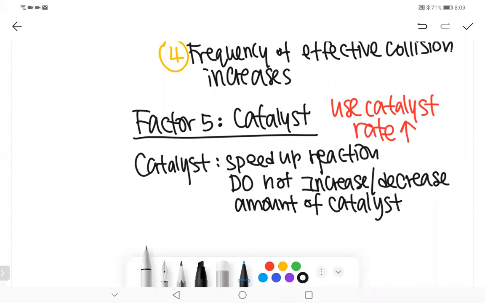After you add catalyst, you still get 1 kilogram of product. The only difference is the reaction becomes faster.